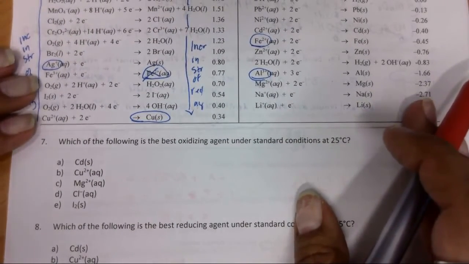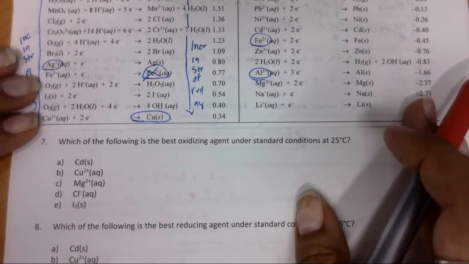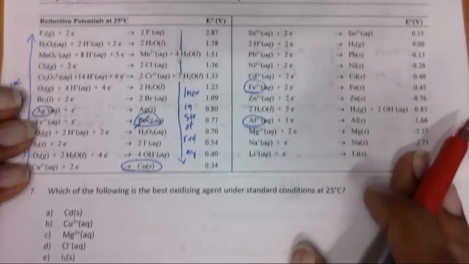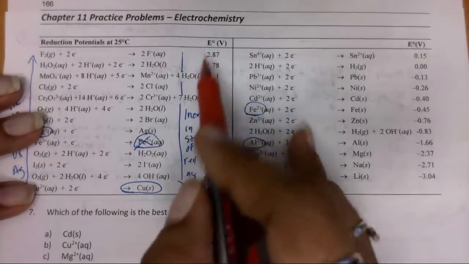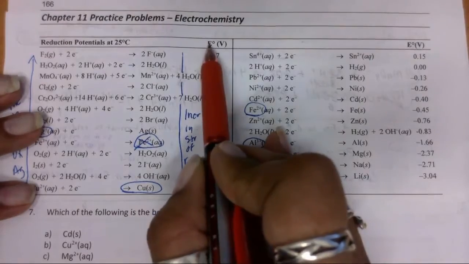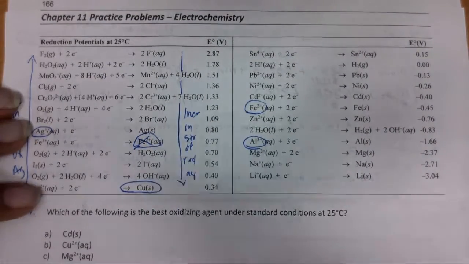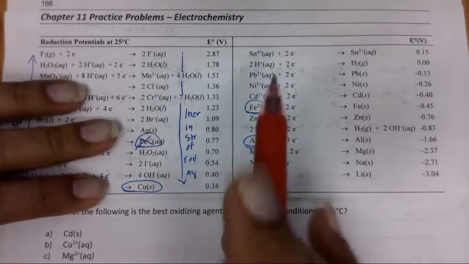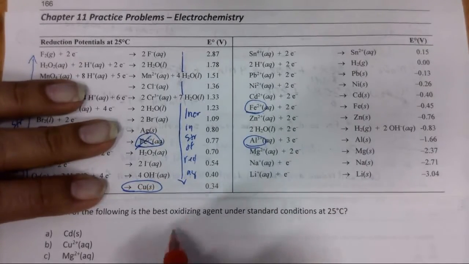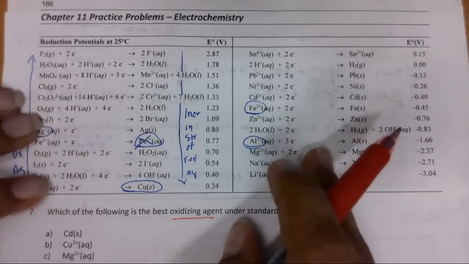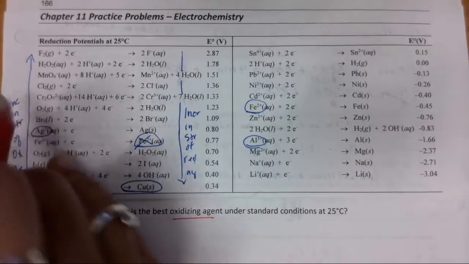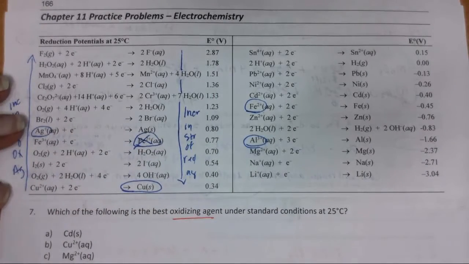Which of the following is the best oxidizing agent under standard conditions at 25 degrees C? Okay, so when you look at your table and you see this E0, that means we're under standard conditions. So we can use this table, right? All right, and so it wants to know about the best oxidizing agent. Okay, and where are my oxidizing agents? They're to the left of the arrow, right?